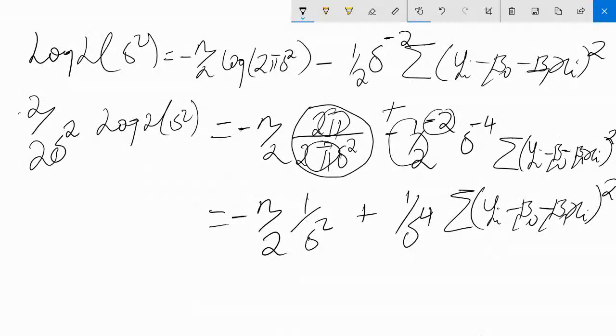Sir, can you repeat the second part where I differentiated? I'm a bit lost there. What is it that you are not understanding? Maybe I can assist you like that. If you can be specific, the part of minus 4, where is it coming from? Sir, please start with minus 1 over 2 to the power minus 2, and then sigma squared minus 4.